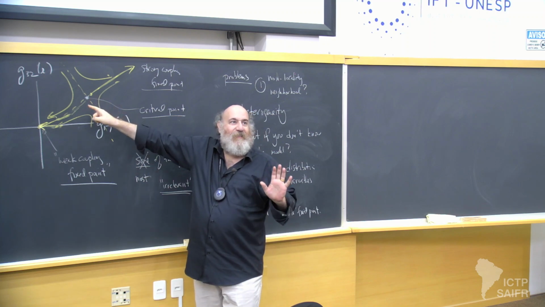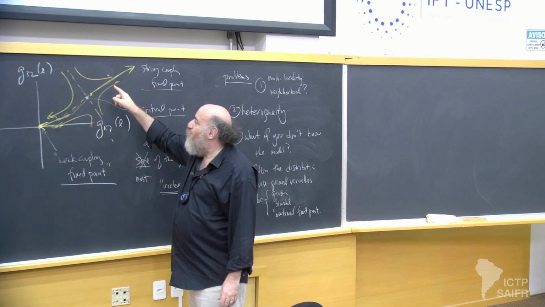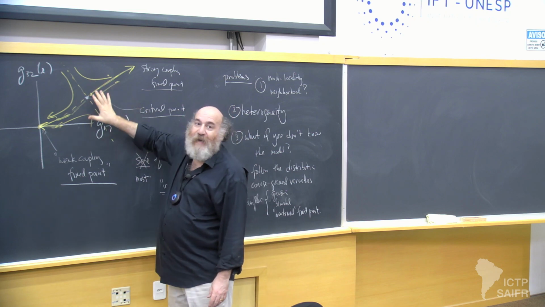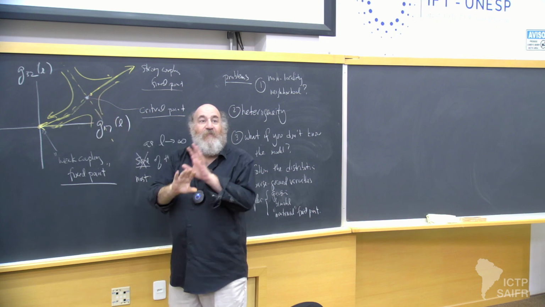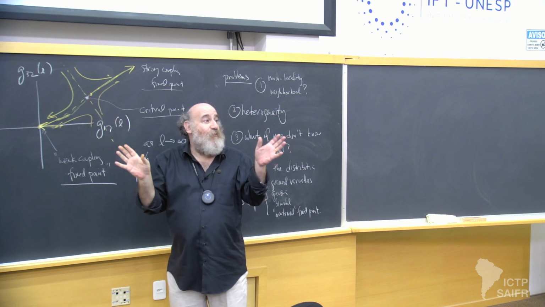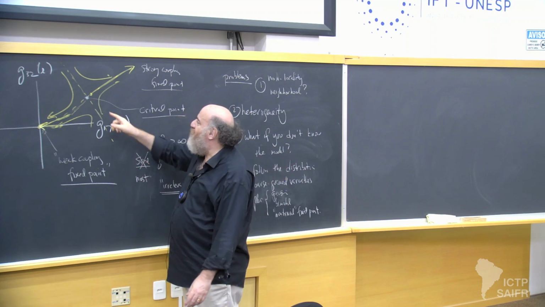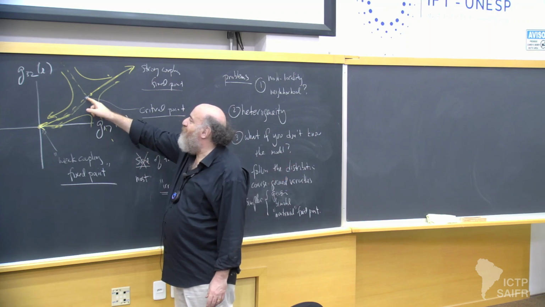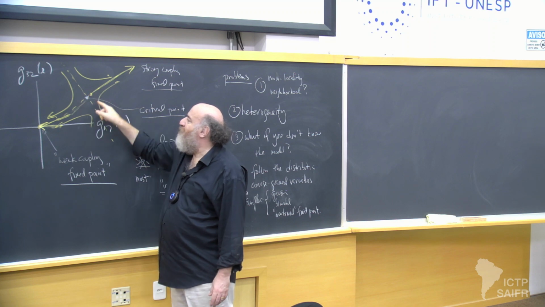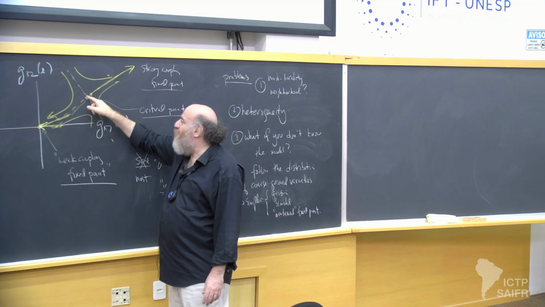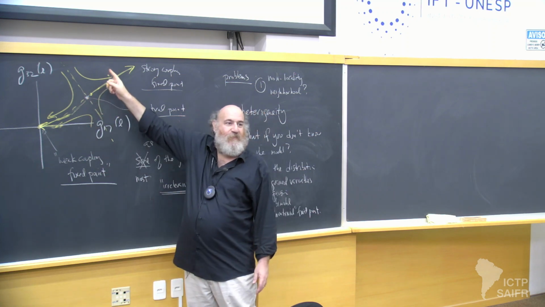So what's astonishing in this is that you can make a mapping between the behaviors in this very abstract space and the behavior in the phase diagram of real materials. And because this is a special point, you can understand the dynamics of these flows in this neighborhood without knowing anything about where you started.